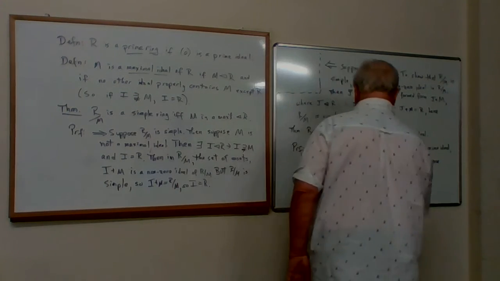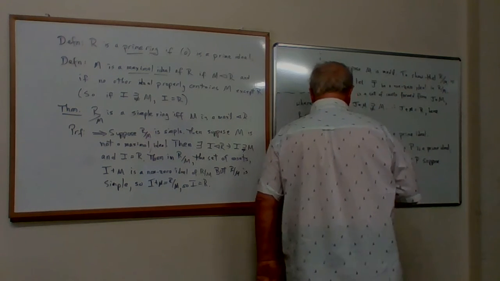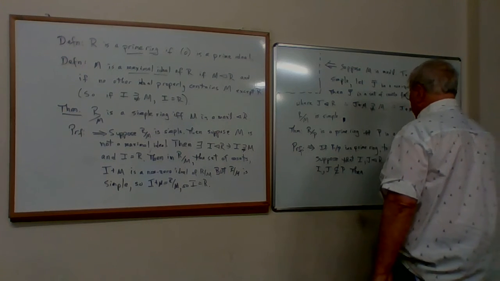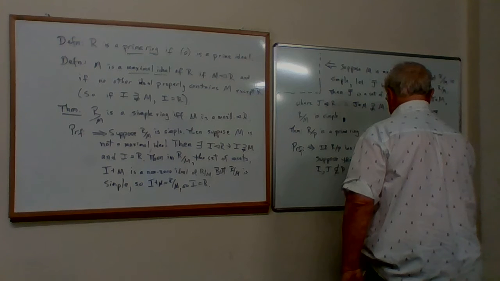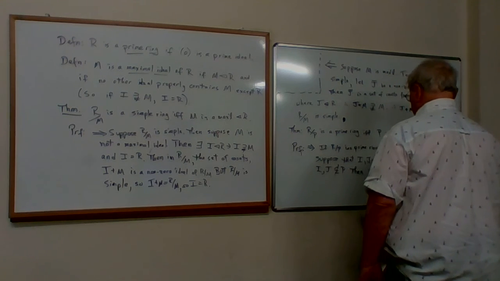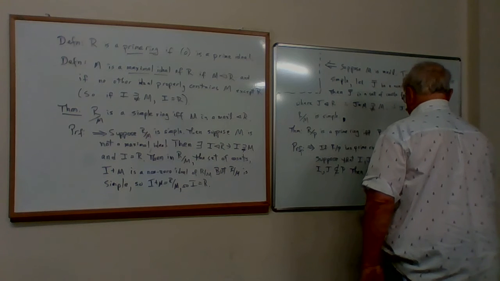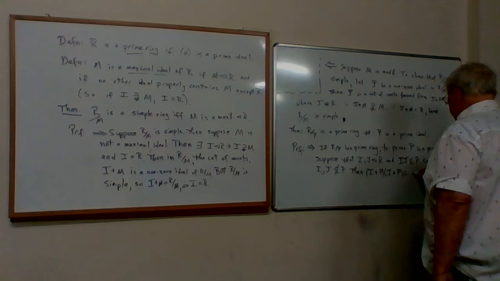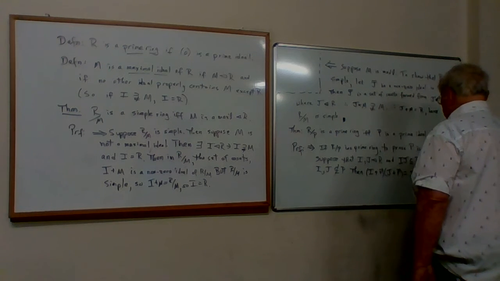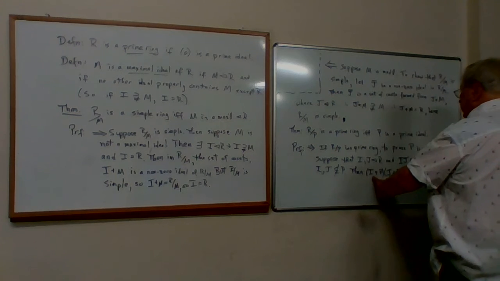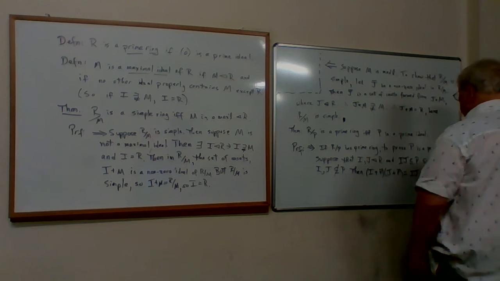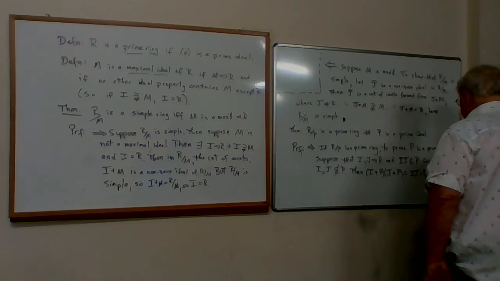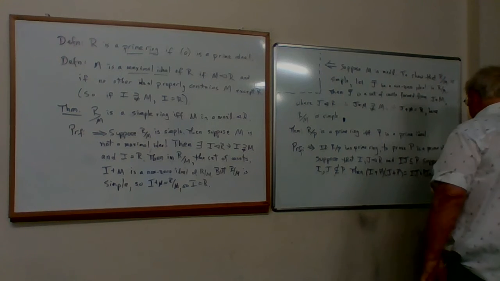Now, if neither ideal is contained in P, then I plus P times J plus P, well, that's equal to IJ, and then PJ, IP, and P squared.